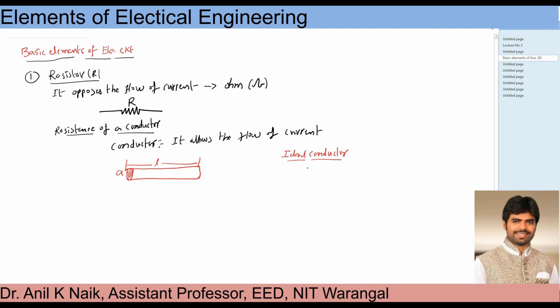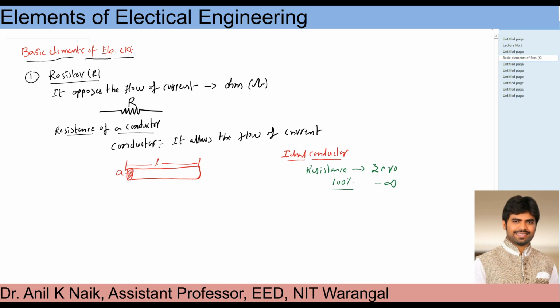The internal resistance of ideal conductors is 0, or the conductivity is infinite. These are the points you need to remember for an ideal conductor.